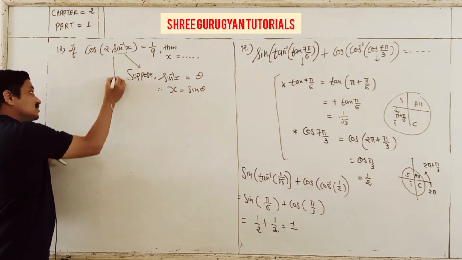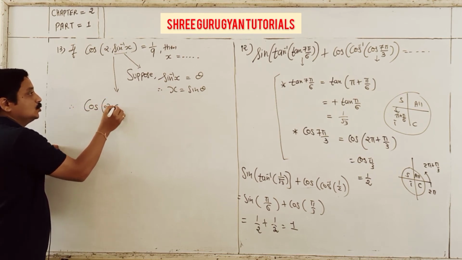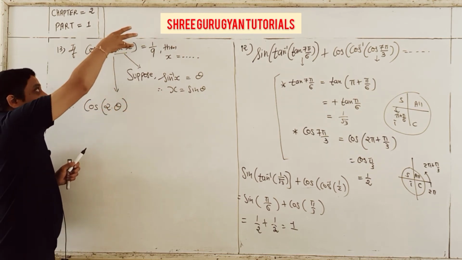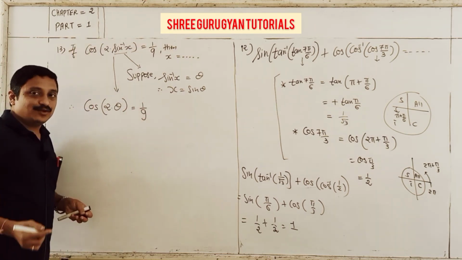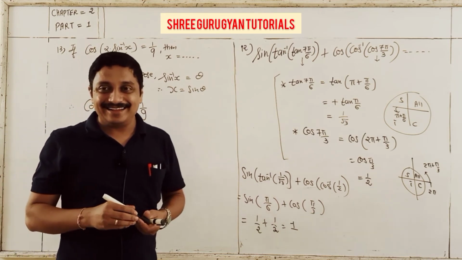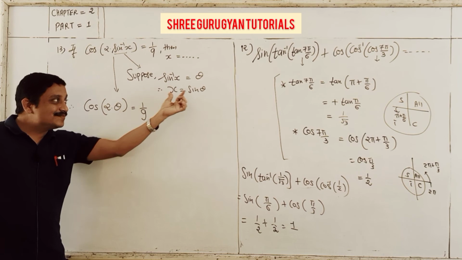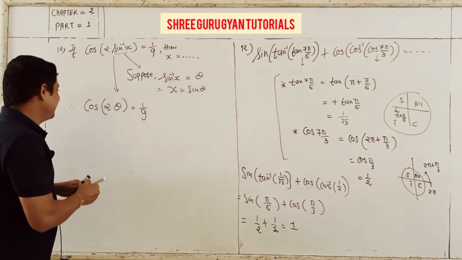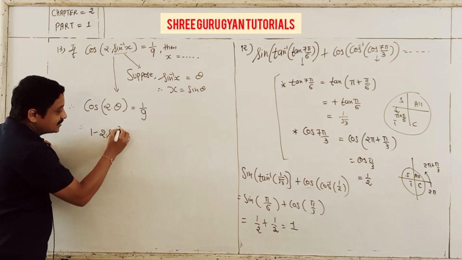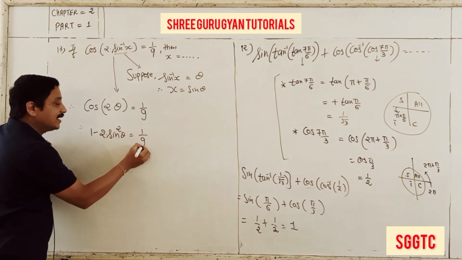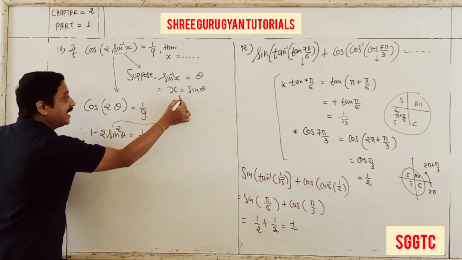Then the expression becomes cos 2 theta equal to 1 by 9. Now I think you know the formula of cos 2 theta in terms of sine: 1 minus 2 sine square theta. Put the value, which is exactly x.